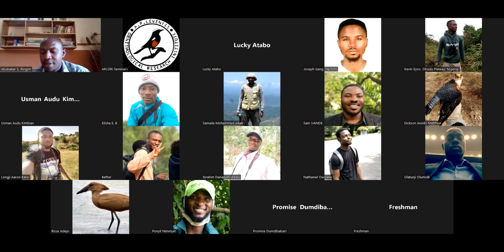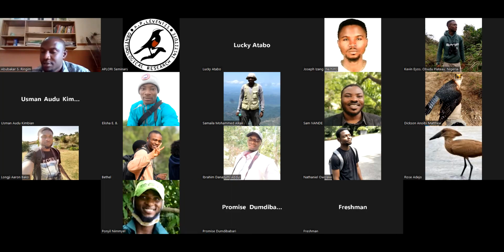There are some really tricky genera, like birds such as the cisticolas, that are very hard to identify to species level. And considering the camera challenge, some cameras are very poor, so the pictures are not clear or are very tiny. If you zoom, they look blurred, so you can't make any meaningful identification to species level. So it's better left at genus level.